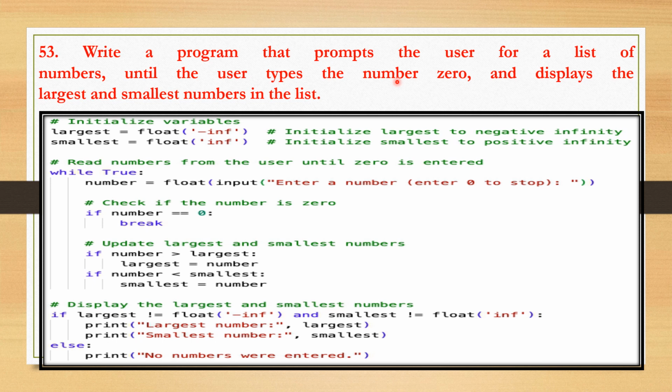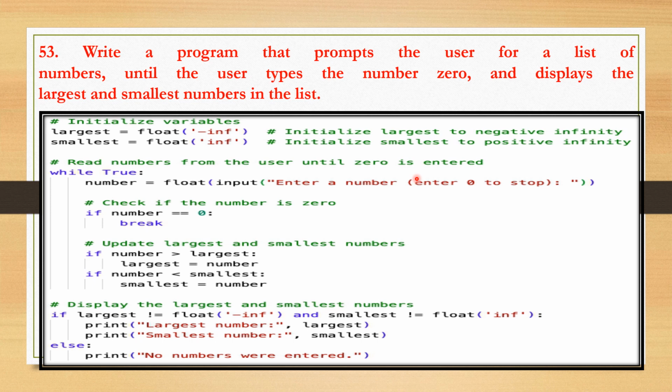The next program is to prompt the user for a list of numbers until the user types the number 0 and displays the largest and smallest numbers. So here we initialize two variables, largest and smallest, to keep track of the largest and smallest numbers. The initial values are set to negative infinity and positive infinity to ensure that any number entered by the user will be larger than the initial largest value and smaller than the initial smallest value.